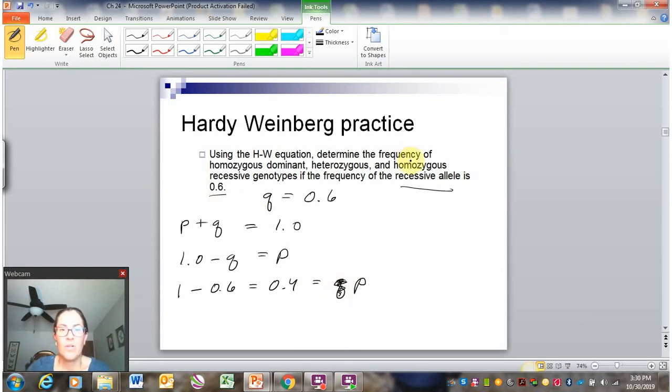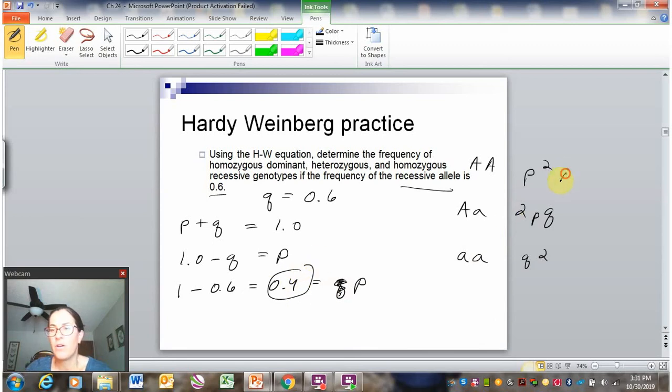All right, so now that I have my P and my Q, I can use my Hardy-Weinberg equation. So remember, I have P squared, 2PQ, and Q squared. Remember that I've set Q as my recessive allele. So Q squared is going to be my homozygous recessive genotype. 2PQ is my heterozygous genotype, and P squared is my homozygous dominant genotype. So now that I've got P, which remember was 0.4, I can take 0.4 and square it, and that is equal to 0.16.